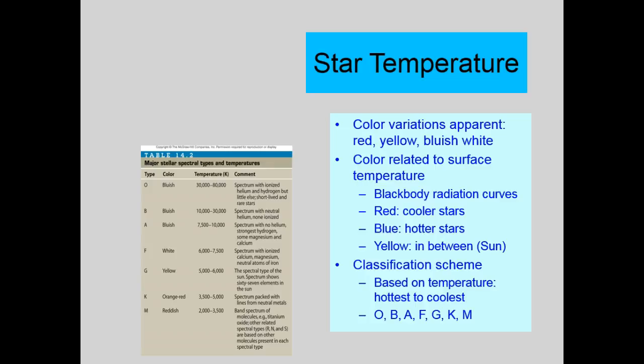The M are the reddish stars, 2,000 to 3,500 K, bands of molecules, not just atoms or ions anymore. Now you have molecules, titanium oxide, and there's a lot of verbiage there that without having read earlier chapters, it really doesn't make a lot of sense, but there's what you got there.